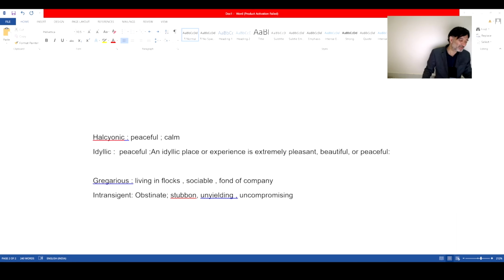Adamant can also be a synonym. Okay, so an example sentence: the farmers were very intransigent and unwilling to give up the strike. That could be a sentence, right? Yeah. So that is what it means.